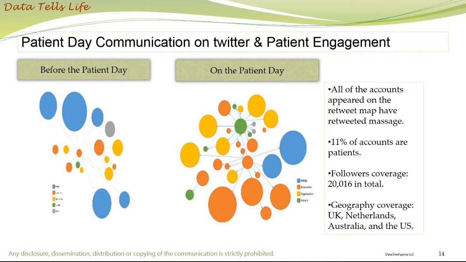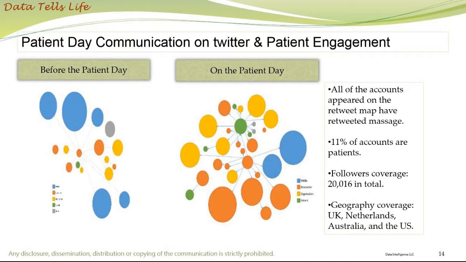Our investigators, based on the disease map and the analysis report, chose the topics to communicate on social media, continuously communicating with different stakeholders for 2 weeks. After 2 weeks, on the patient day, we can see the ball is getting bigger and bigger.